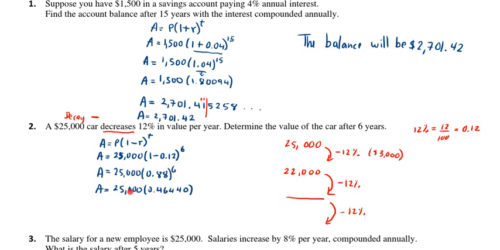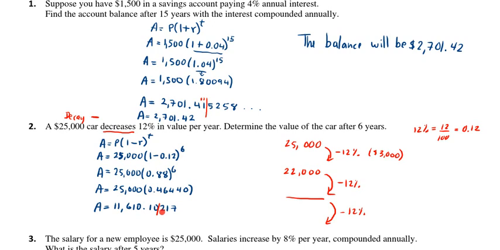Now multiply this by 25,000. And doing that, I get $11,610.10217. But again, this is the value of the car. We're talking about money. So we again need to cut this to the nearest hundredth.